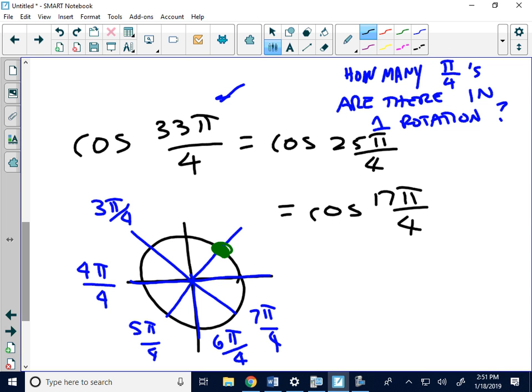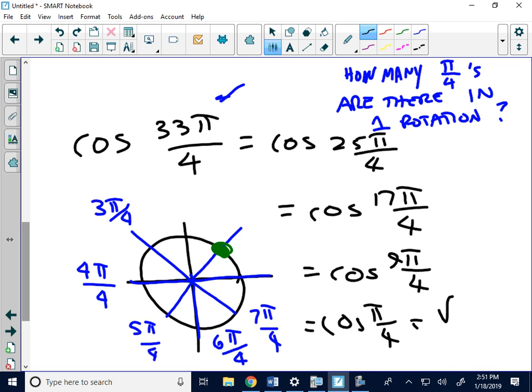Take away 8 again, 9 pi over 4. Take away 8 again, pi over 4. By the way, that was the question on the quiz, right? Do you know the ordered pair? Square root of 2 over 2. Wasn't cosine the x-coordinate? Didn't I ask for all those things? Yeah. Okay.